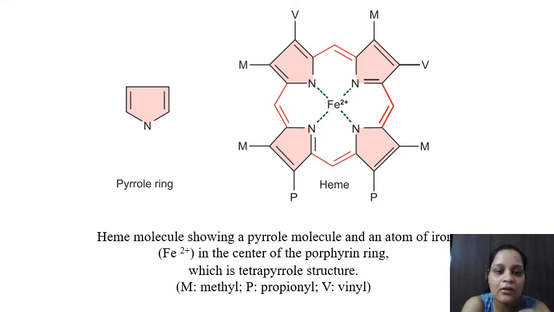As you can see in the diagram, I have shown a single pyrrole ring. In the structure of hemoglobin, as it is a tetrapyrrole structure, four pyrrole rings are found at the four corners of the iron, and this iron is linked to all four nitrogens by covalent linkages.